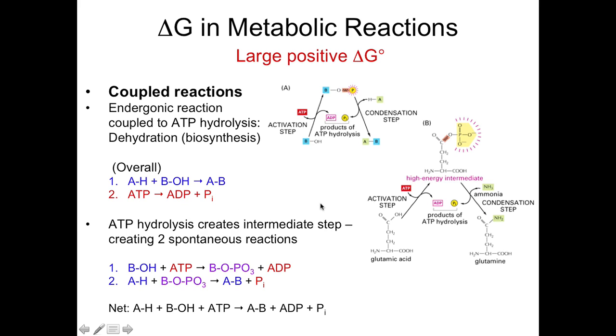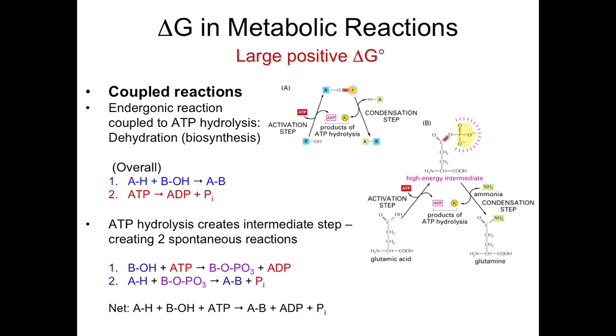So what we need to do is we need to activate one of these molecules so that we actually have a spontaneous reaction. Okay, so oftentimes we say we want to take A and add it to B to make AB. And to do that, we're going to hydrolyze ATP, right? Hydrolyzing ATP means you chop off a phosphate and you make ADP, an inorganic phosphate. And we speak of this as these are two separate events.